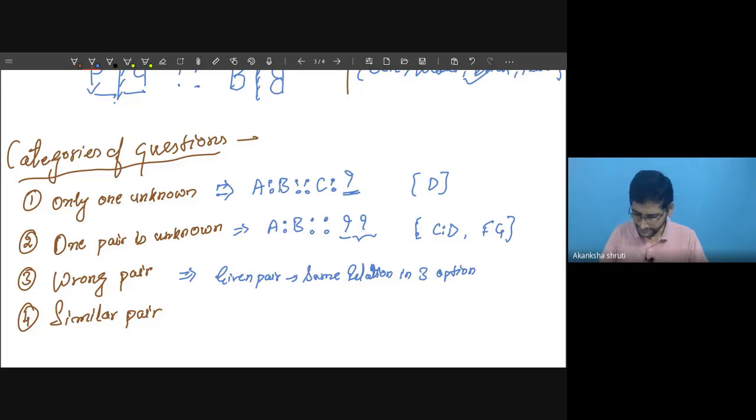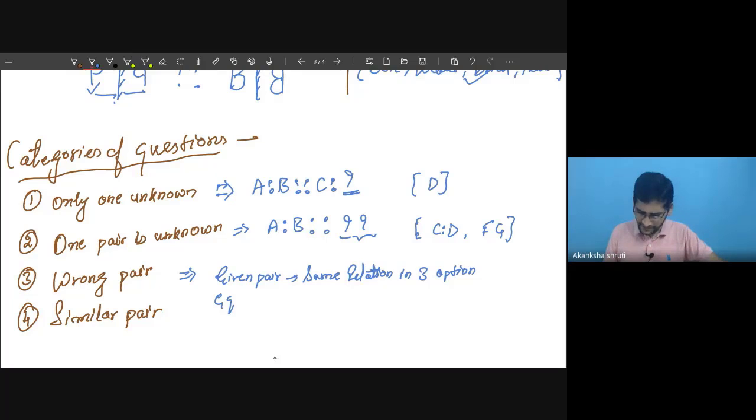Here also it will be given in the pair form, but the same relation is followed for the three options or three pairs, but one of them will not be following. Say a Pythagorean relation with one of the pairs is given, and in the options three other Pythagorean pairs are given, and the fourth one is not following that Pythagorean pair. Or even say a square relation is given, and in one of them that relation is not followed.